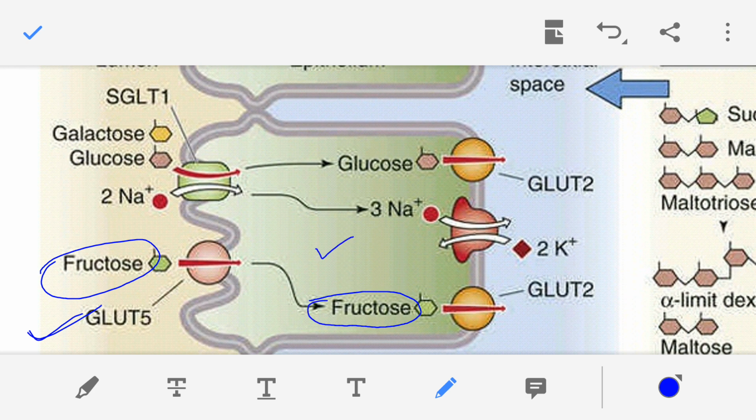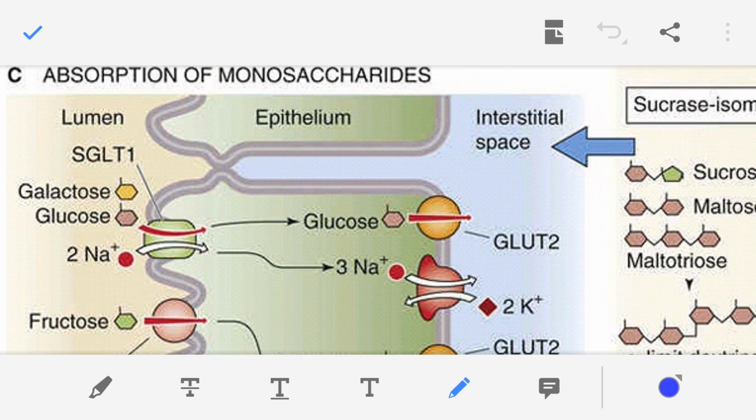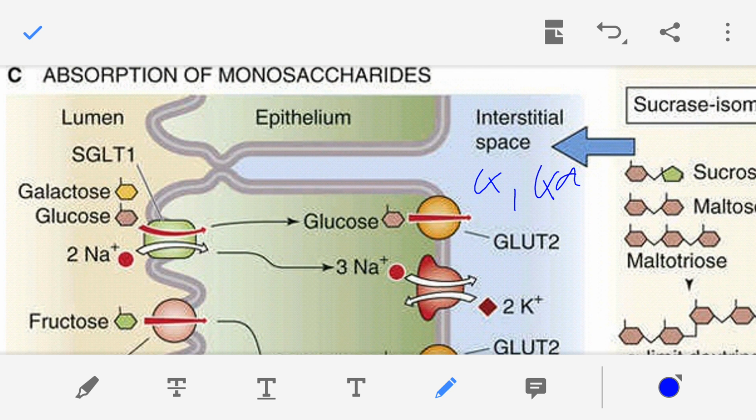From the cytoplasm, it comes out into the interstitial space by facilitated diffusion with the help of carrier protein GLUT2. So now in the interstitial space there is glucose, galactose, and fructose.